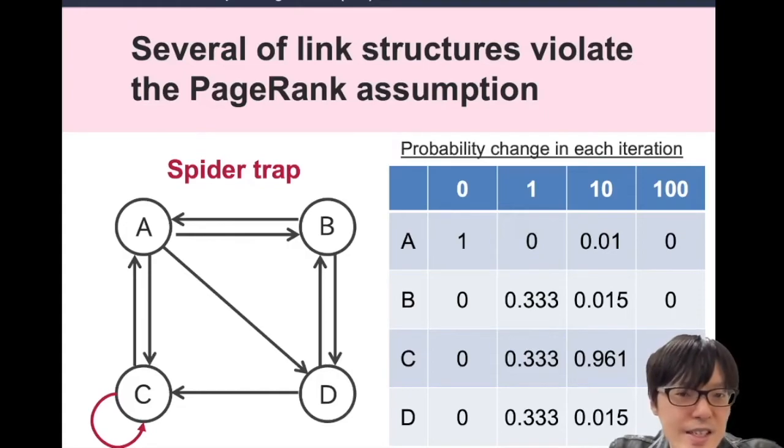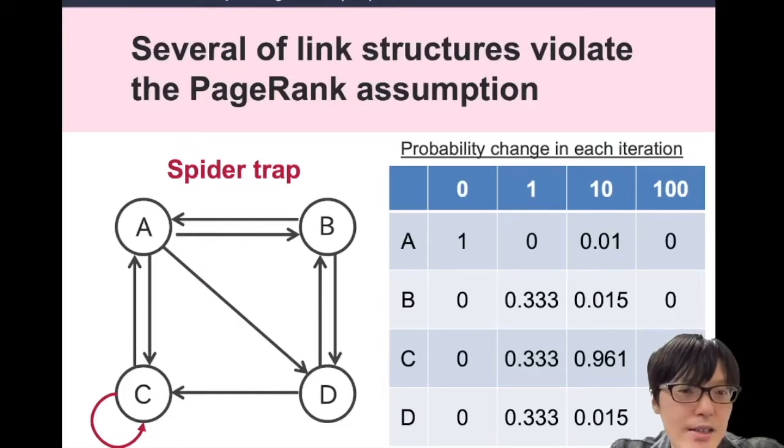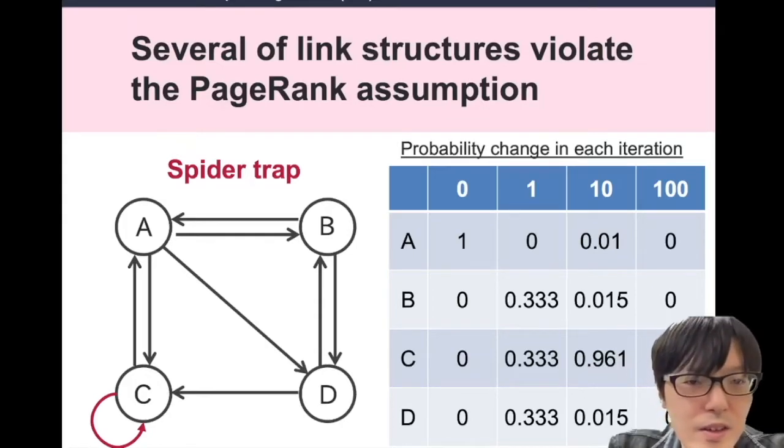This self-link is not good when using the simple PageRank. If we apply the simple PageRank algorithm to this graph, page C collects the scores from other pages, as this table shows, like this.